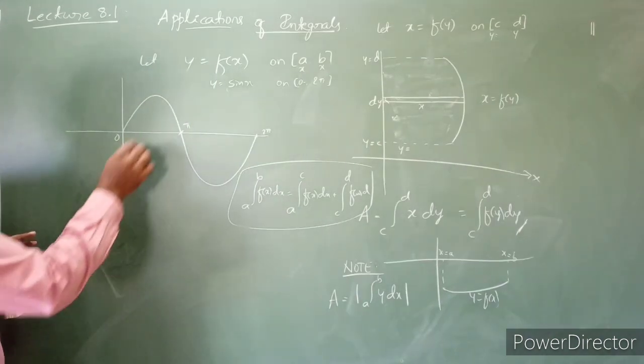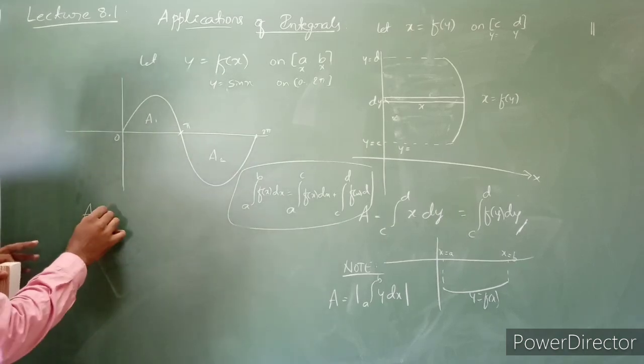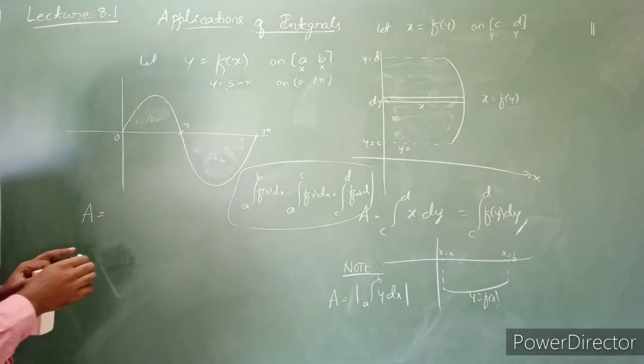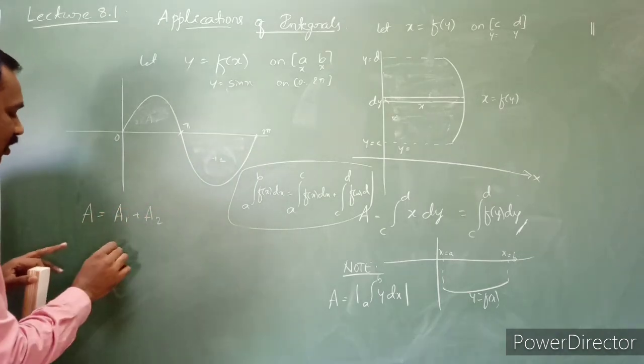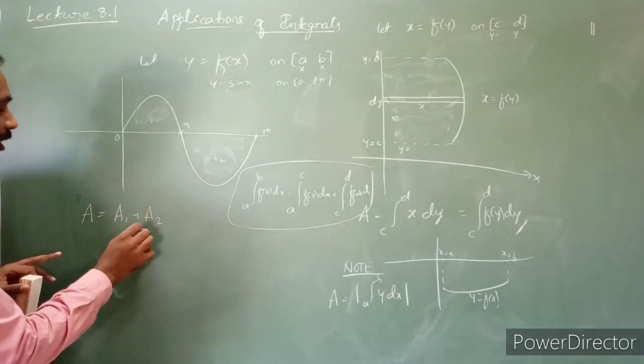This area is called a1, this area is called a2. The required total area is equal to a1 plus a2. What is a1? Integral from 0 to pi.